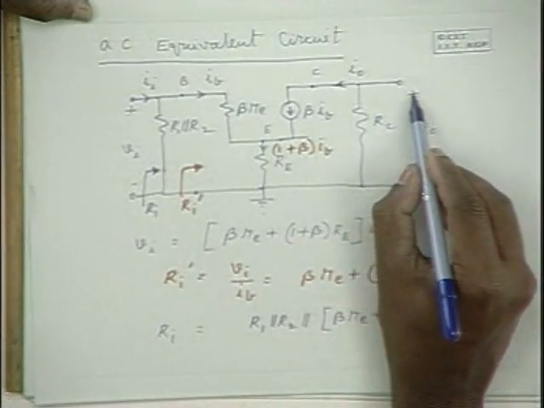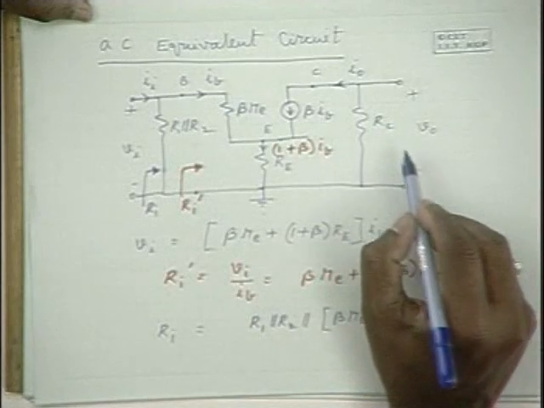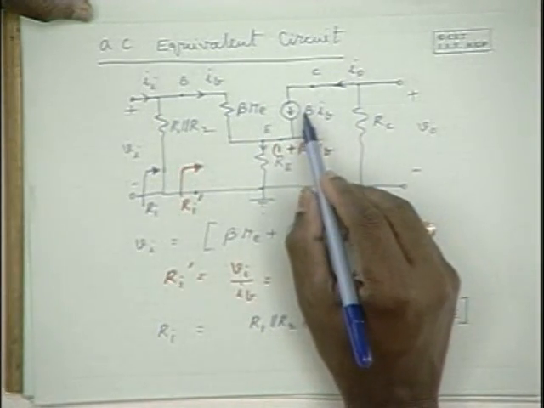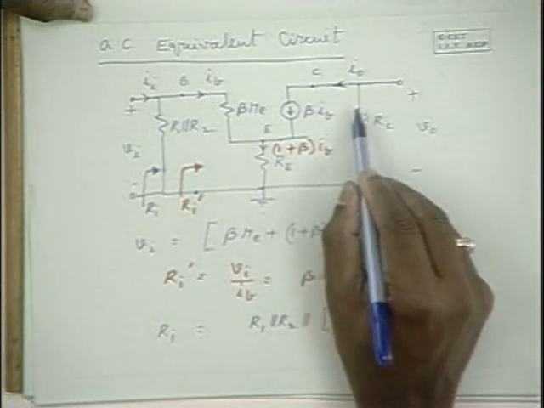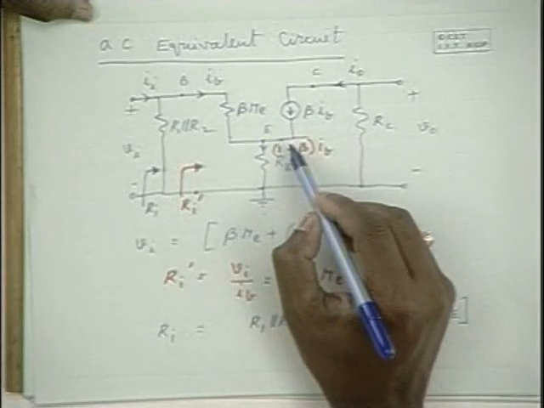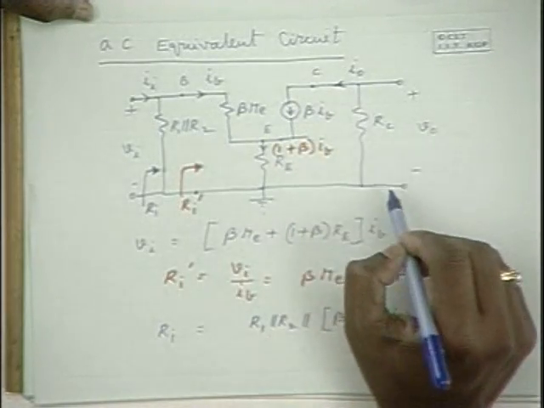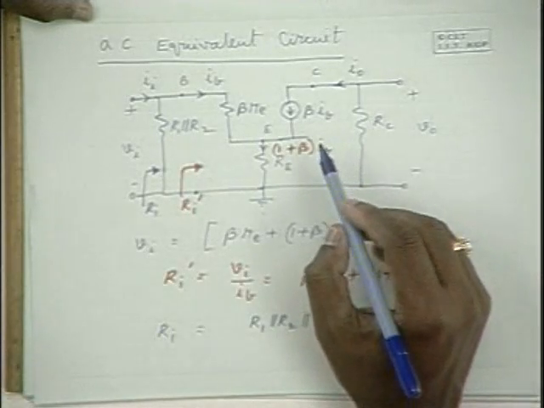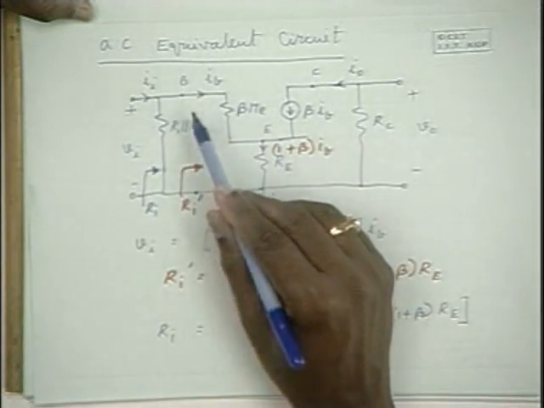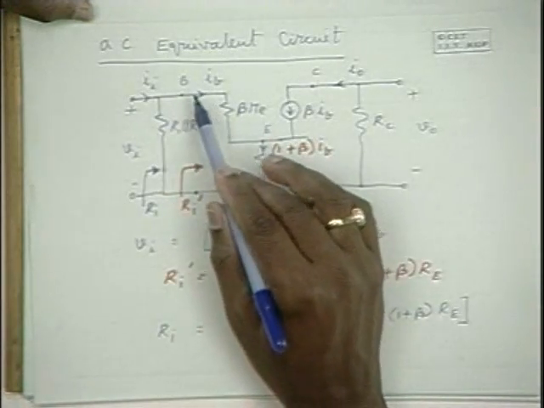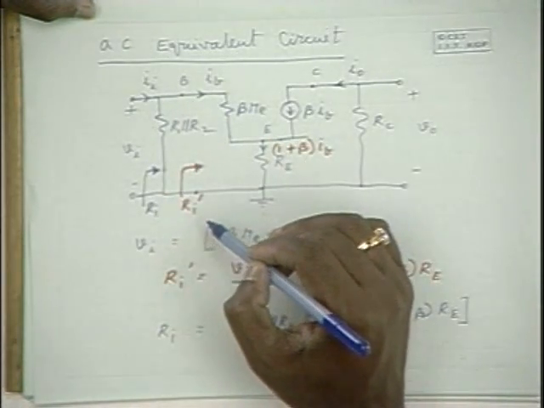So please note that the voltage across RC, that is V0, is minus beta IB into RC, since beta IB is the current flowing through RC. And the input voltage Vi can be expressed as IB into Ri dash.